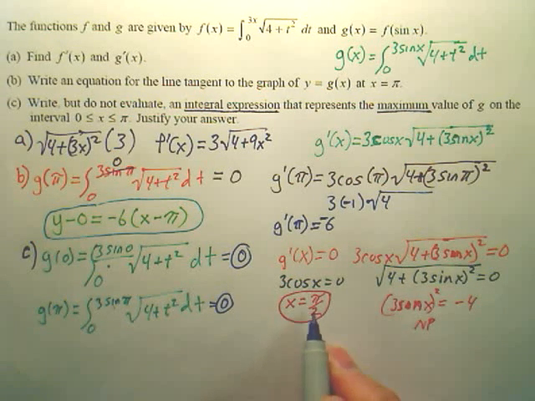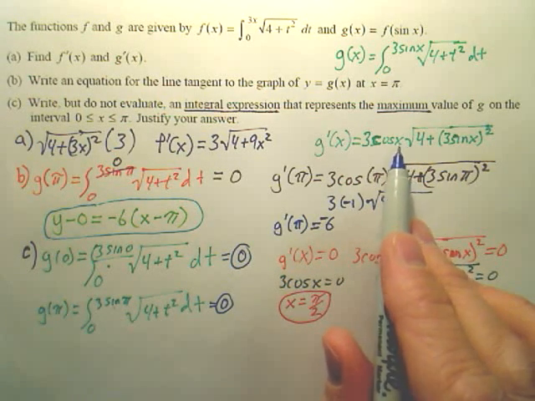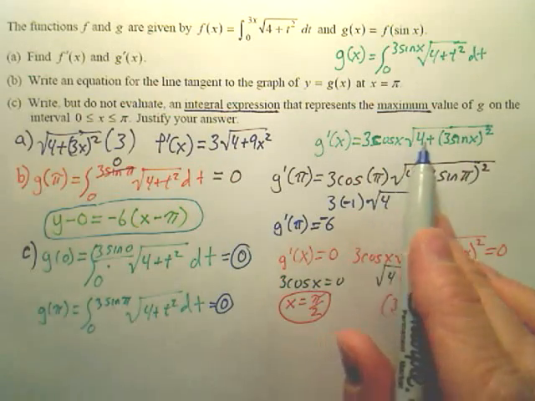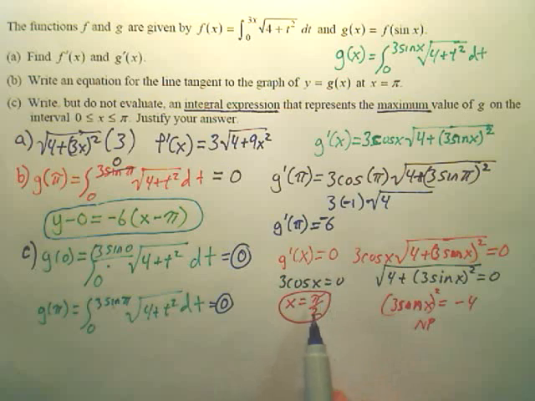And how do we check to make sure this value is a max? Well, could we take the second derivative of this formula and plug it in? That would be one way, but do you want to take the second derivative of that? No. Would it probably be easier just to take a value on either side of pi over 2 and plug it into this formula right here?